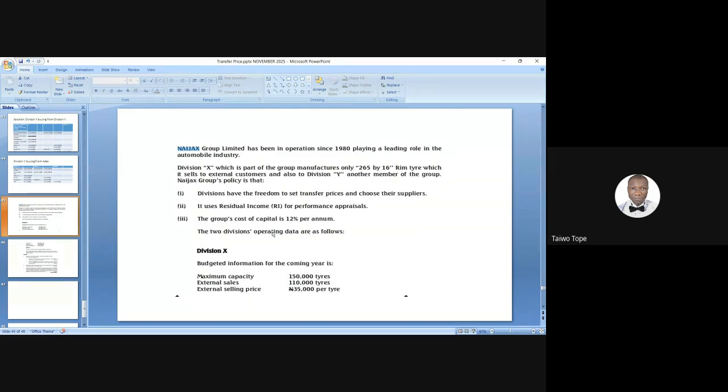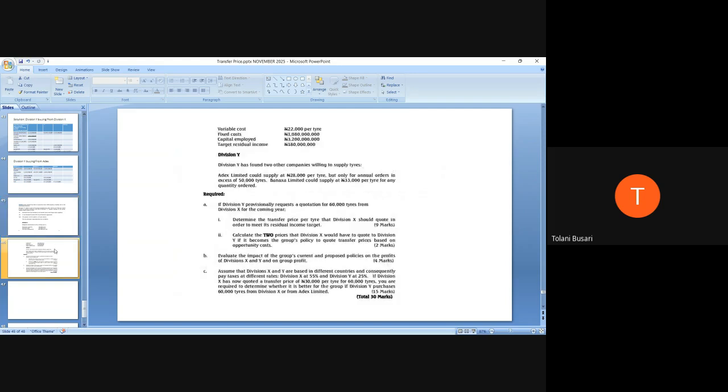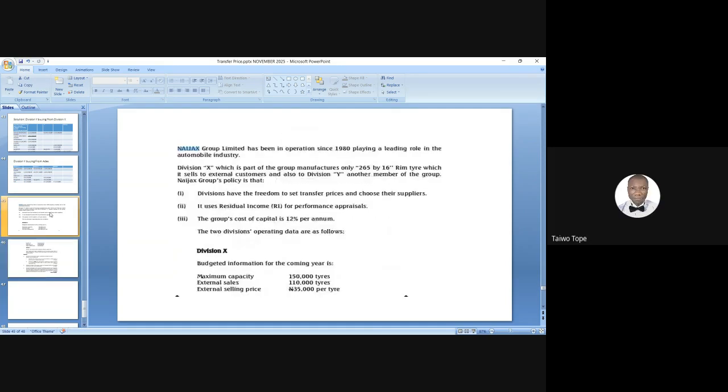Just help us. So, to cut the long story short, Division X can give it at the rate of 35? It's a suggestion anyway. I said 35. Okay, the same thing Madam Lundi is saying, at the external selling price. Now, this is the variable cost plus opportunity cost.